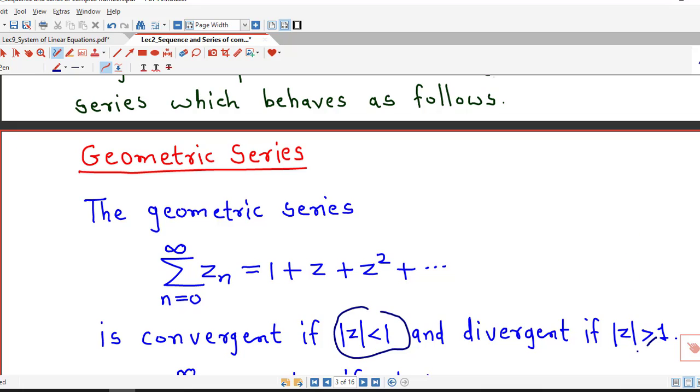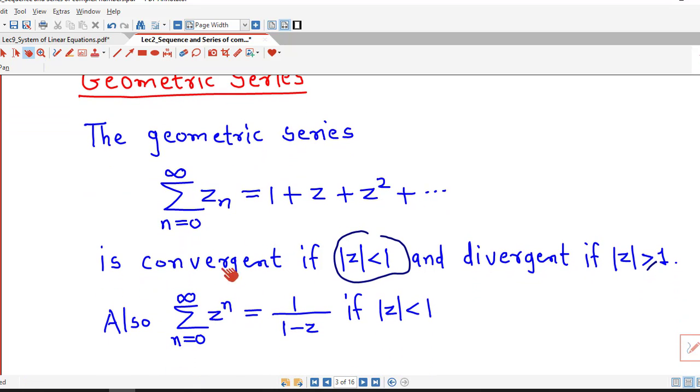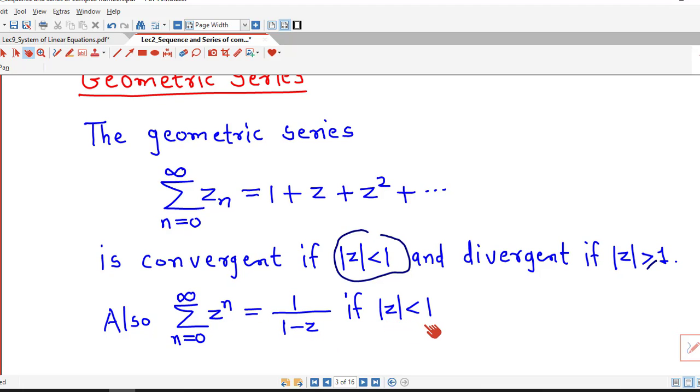If the absolute value of z is greater than or equal to 1, then the geometric series is divergent. And if the series is convergent, then the sum of this geometric series is given by 1 over 1 minus z if the absolute value of z is less than 1. So this is the formula for the sum of a geometric series in case the absolute value of z is less than 1.